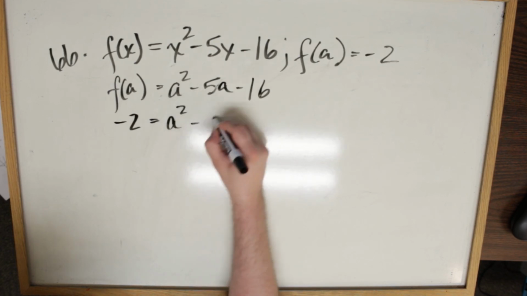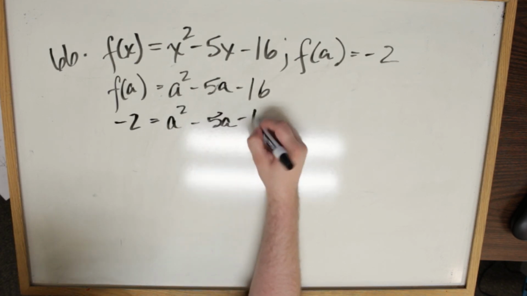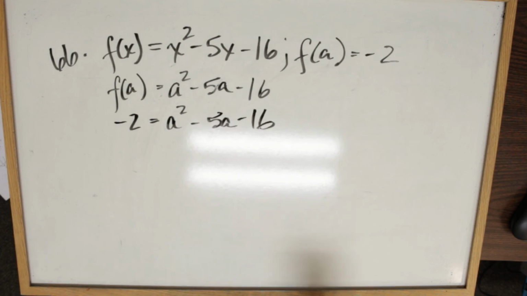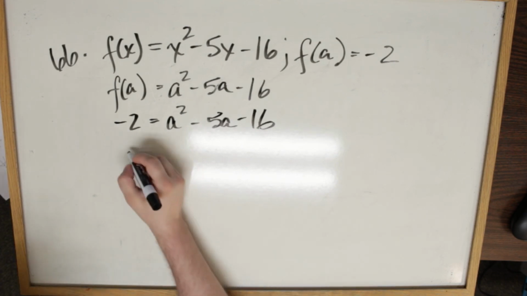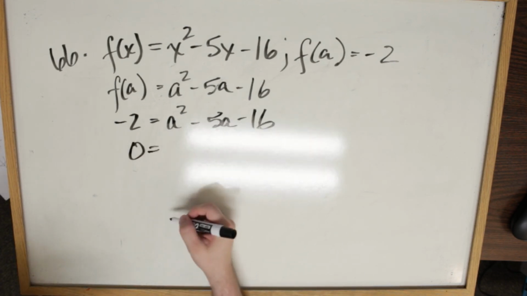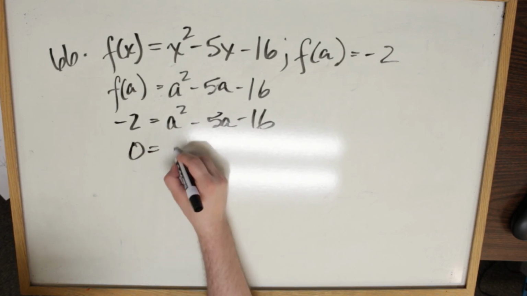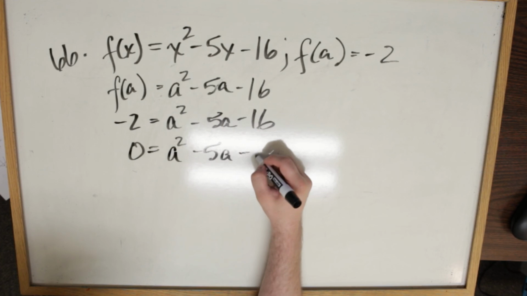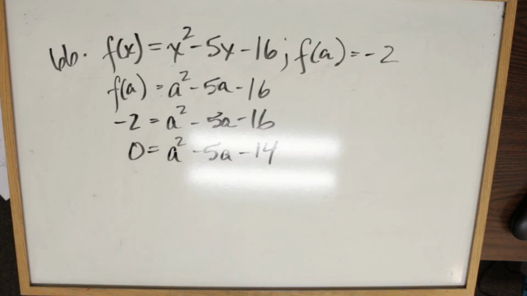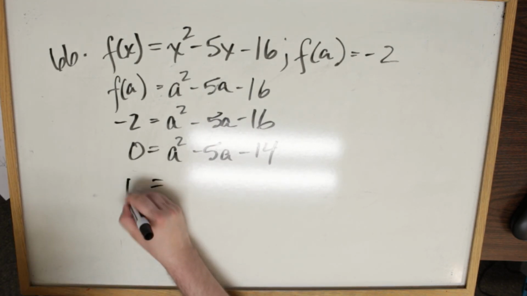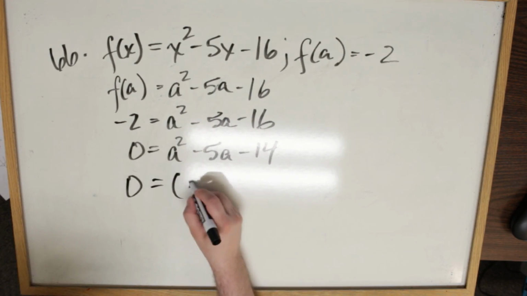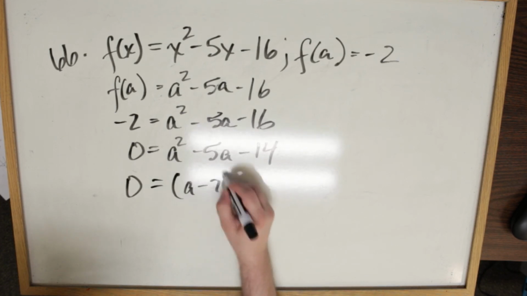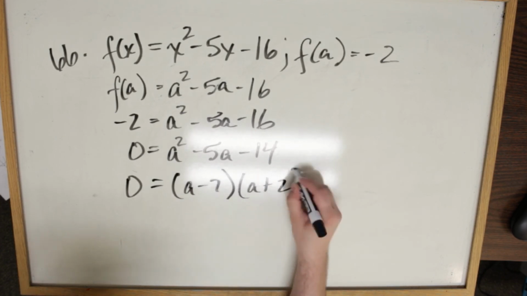A squared minus 5a minus 16. In this case, my suggestion would be just to balance this out. So I'm going to add 2 to both sides. Minus 5a. Adding 2 is going to make this a minus 14. And now I can factor, okay? So 0 is equal to a minus 7, a plus 2.